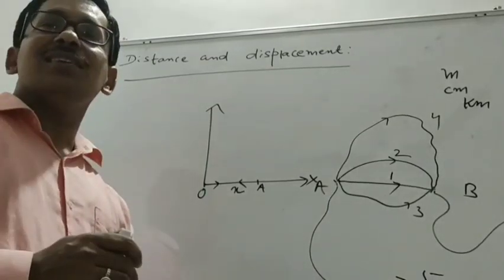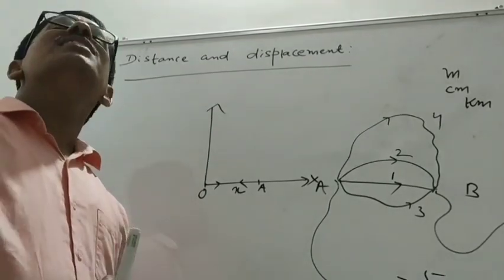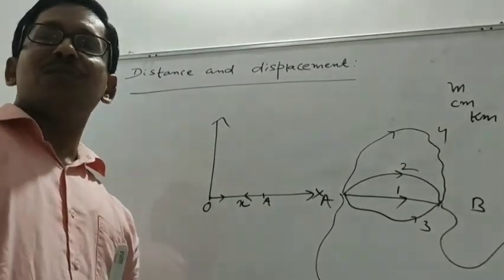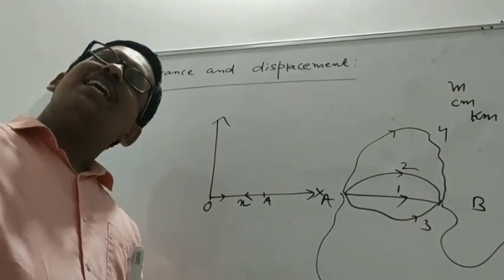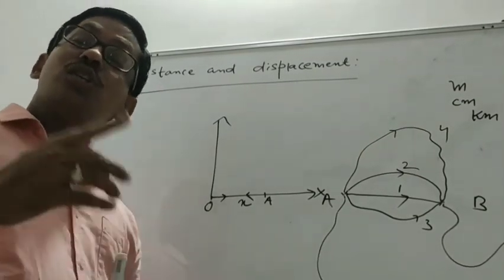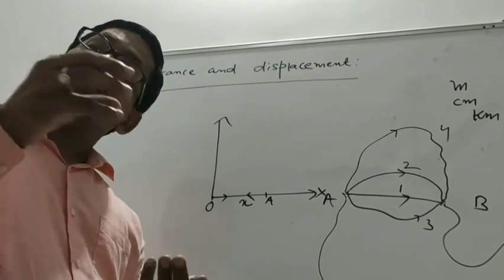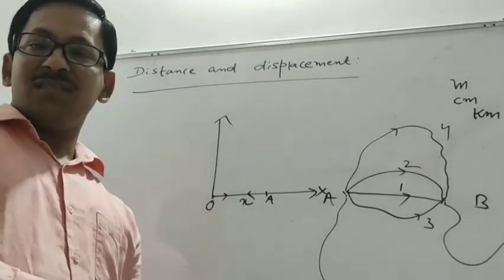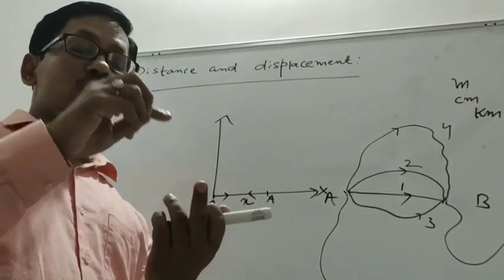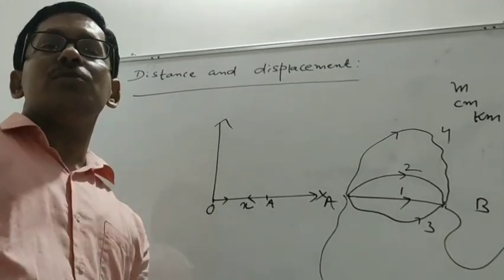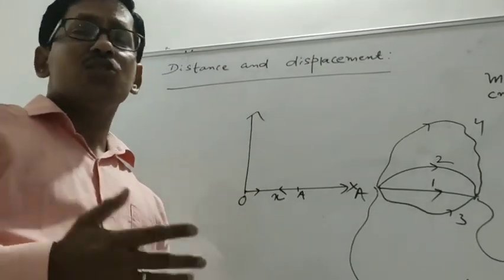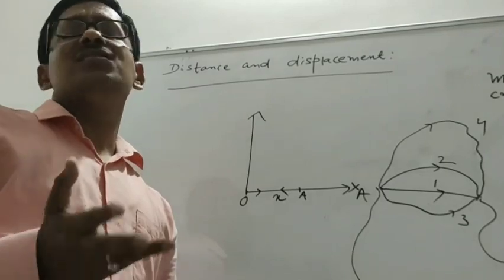Suppose I say, go and bring that book from there. You will go there and again return back. So your initial and final position coincide. If you measure the distance between your initial position and final position, that will be 0. So your displacement will be 0.